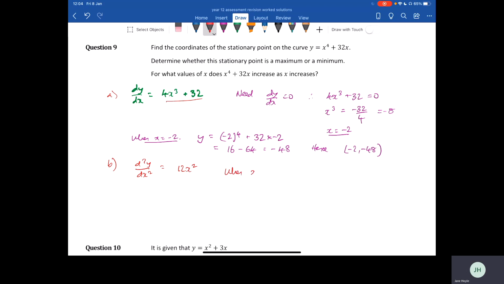When x equals negative 2, substituting that in, d2y by dx squared is equal to 12 multiplied by negative 2 squared. That's positive, clearly. It'll be 12 multiplied by 4, so that's 48. And that is greater than 0, hence negative 2, negative 48 is a minimum.